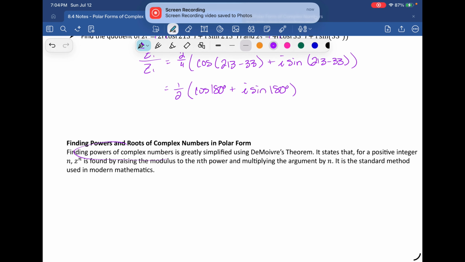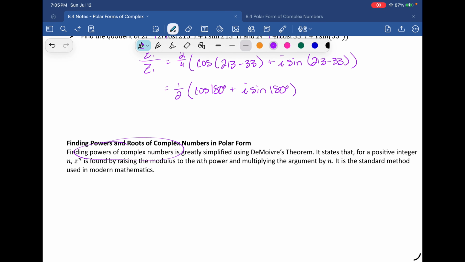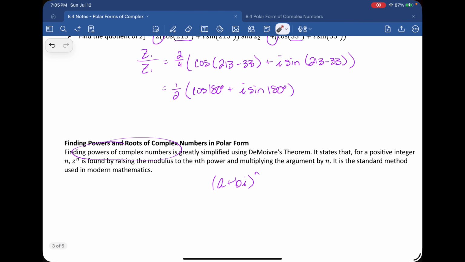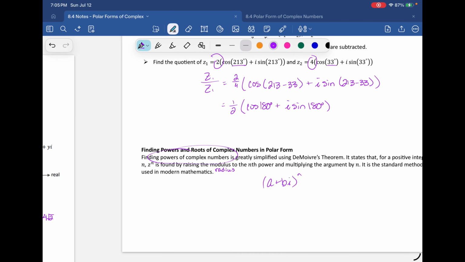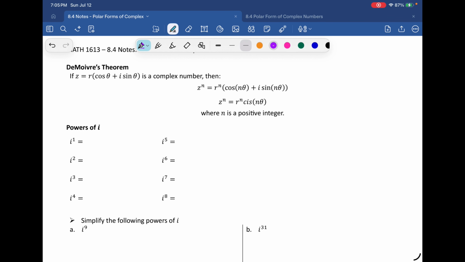Okay, finding powers of complex numbers. So that's raising a complex number to a power. So a plus bi to some power n. All right? So z to the n says raise the modulus to that power, multiply the argument by the n. Okay, modulus is the word we're using for the radius. All right, so here's what it looks like.